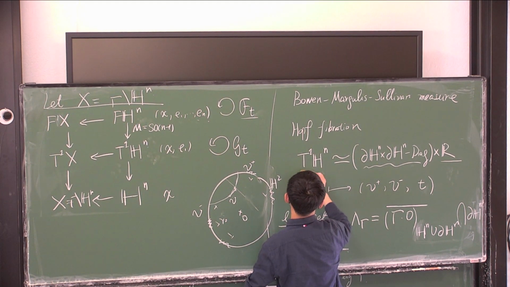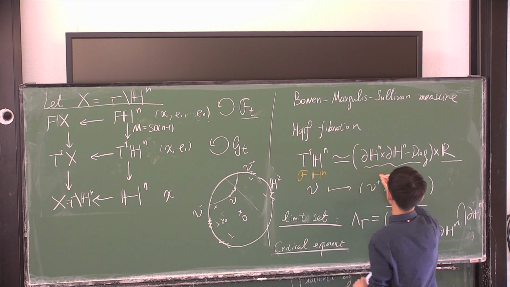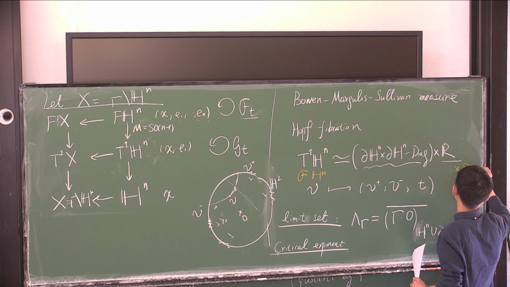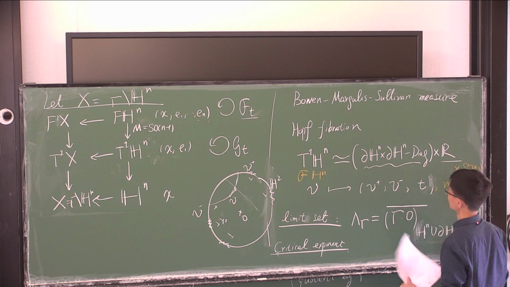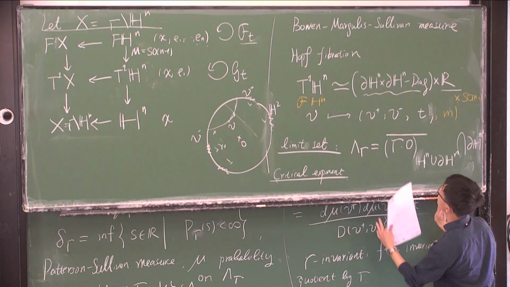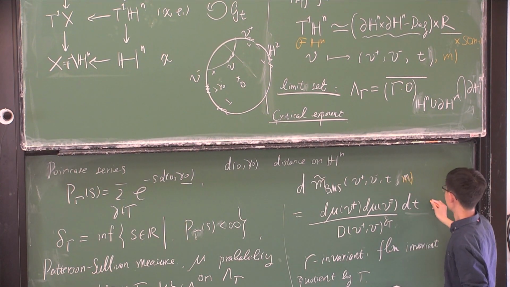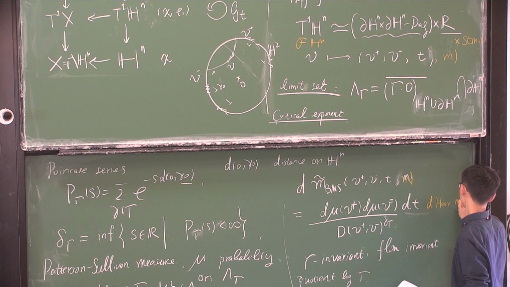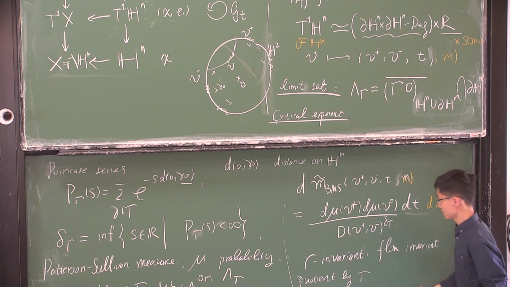If you look at the frame flow, then you will also get the same thing, but you need to multiply with SO(n) minus 1, and here you will get this M part. And the M part will just be the Haar measure, some Haar measure.